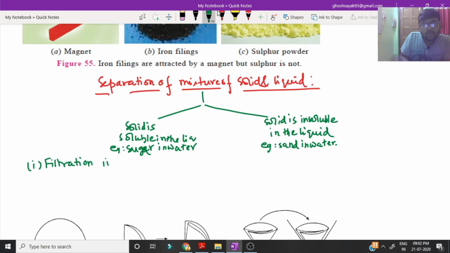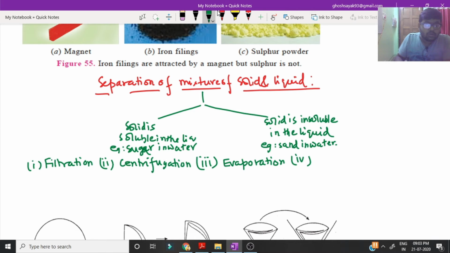Number two, centrifugation. Number three, evaporation. Number four, crystallization.